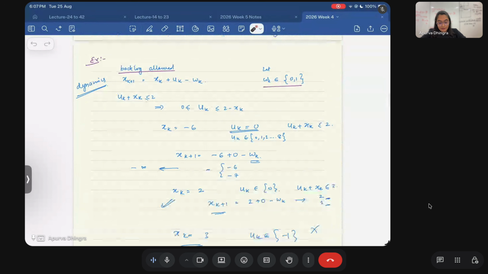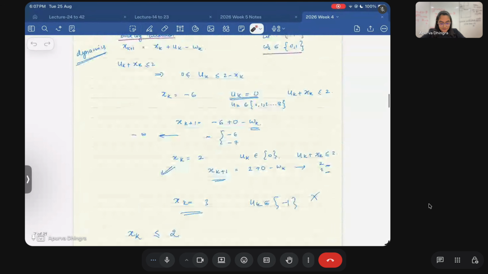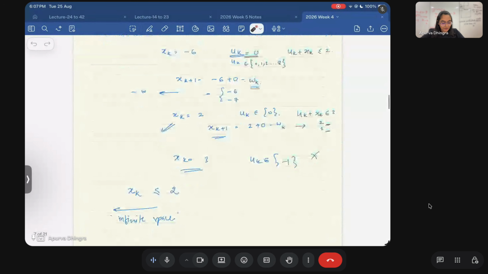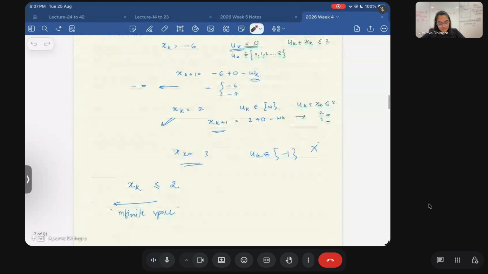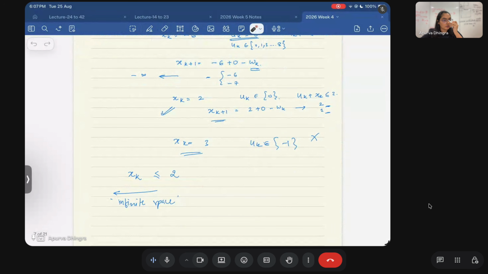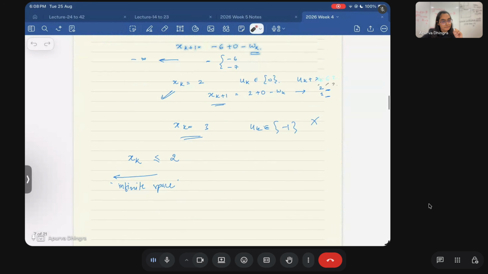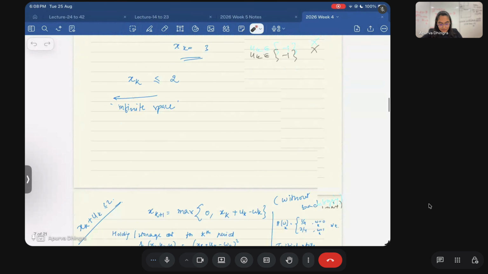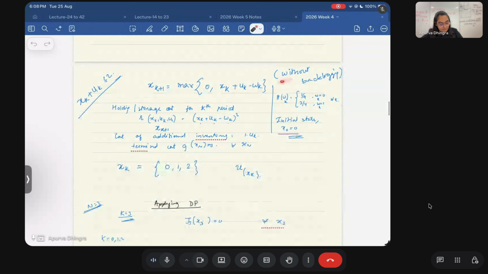We took the example of the scenario where backlogging is allowed, and we saw that it's a difficult one to solve because it has an infinite state space. X can go till minus infinity.